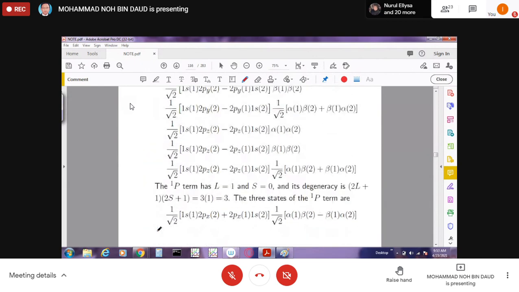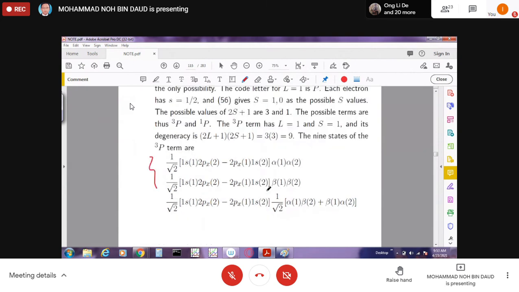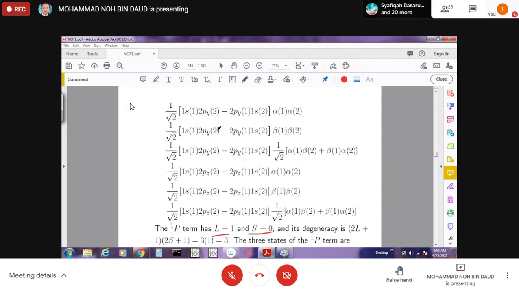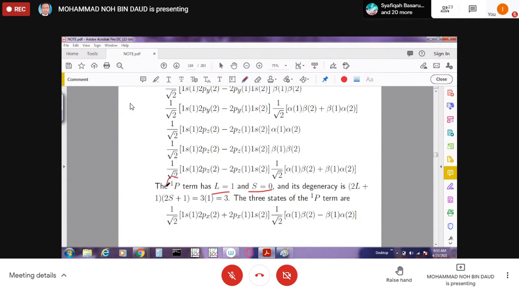This is how we describe this triplet P with quantum number. This one triplet P, this is the P. This is singlet P.